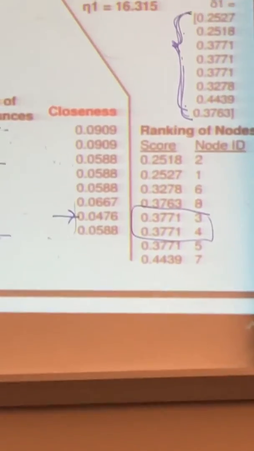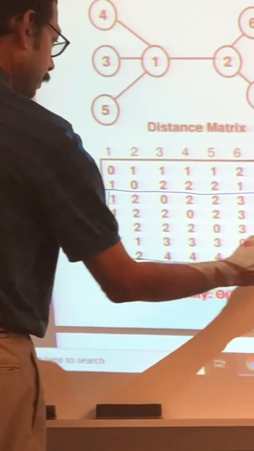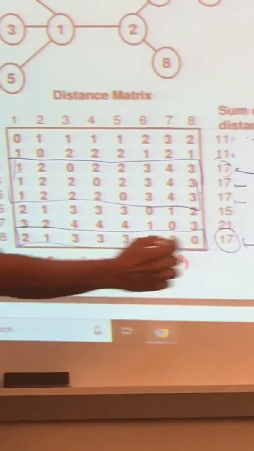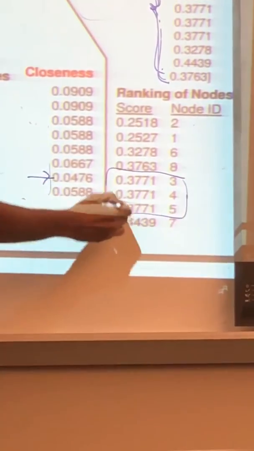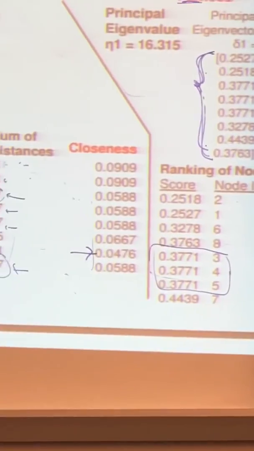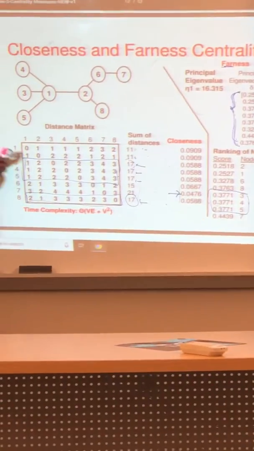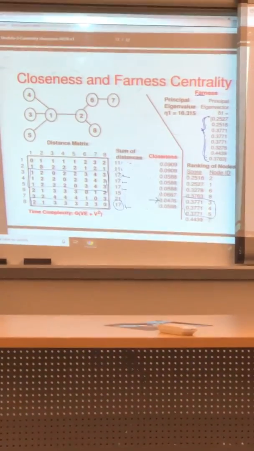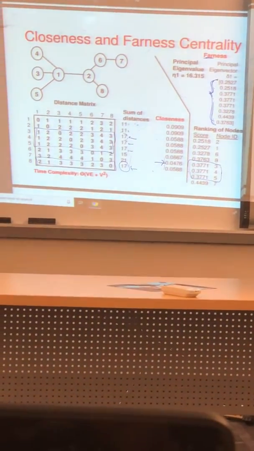Same with 5. All these 3 vertices have the same value, so there's no variation. All are equally ranked, and you cannot distinguish them even based on the spread of the distances.